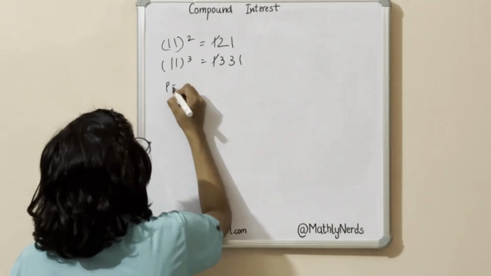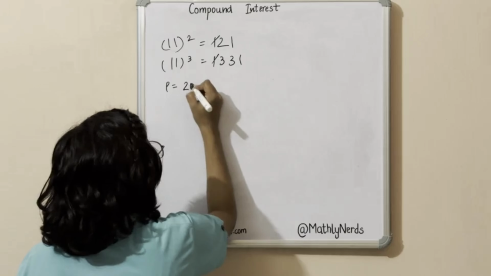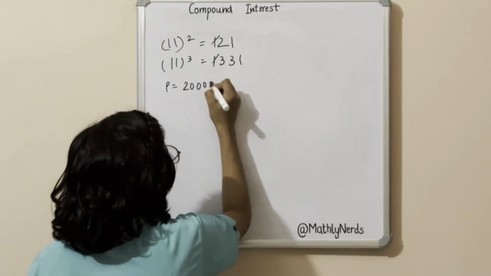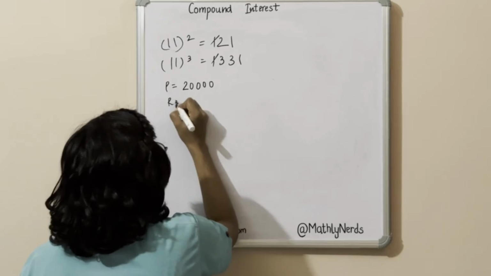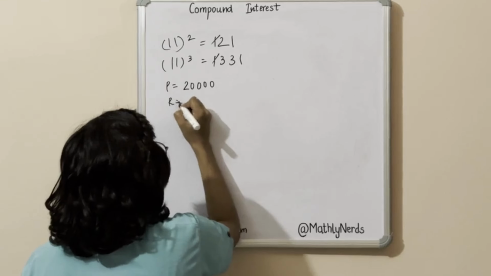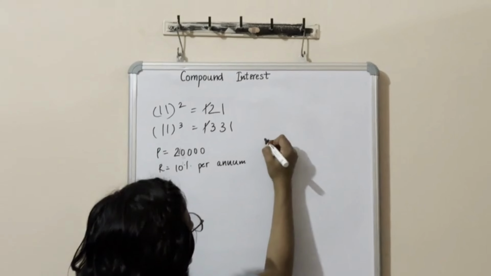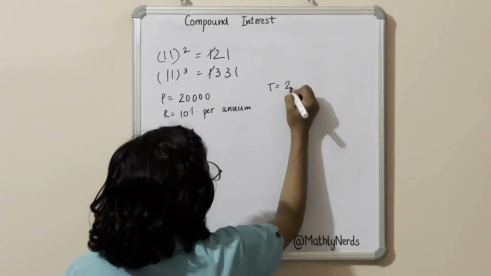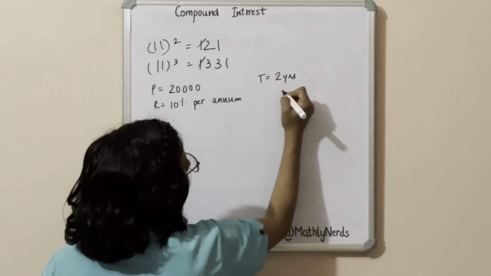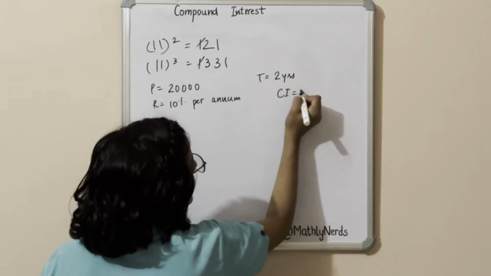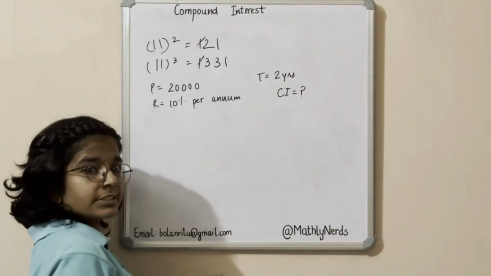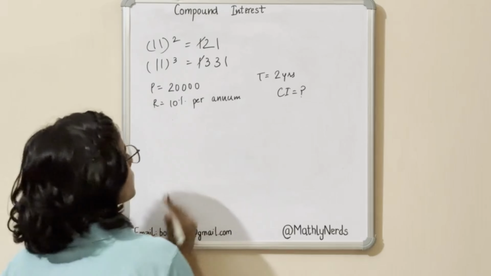Let's take principal amount equal to 20,000, rate of interest equal to 10% per annum, and time equal to 2 years, and we have to calculate CI if compound interest is compounded annually.